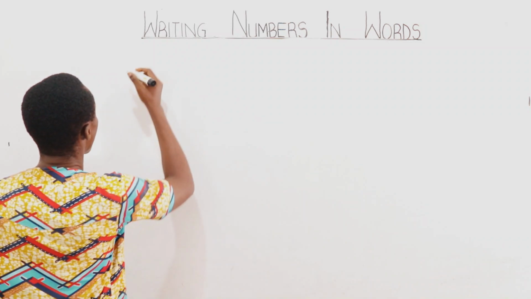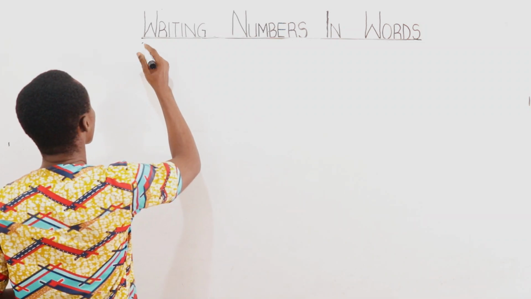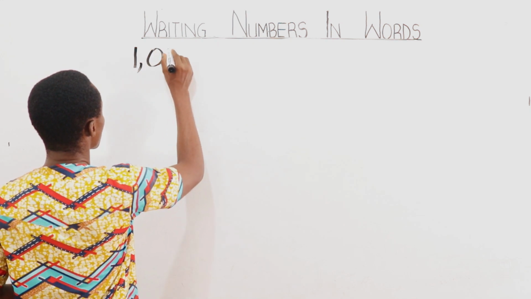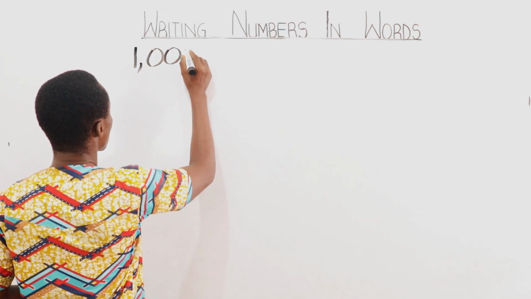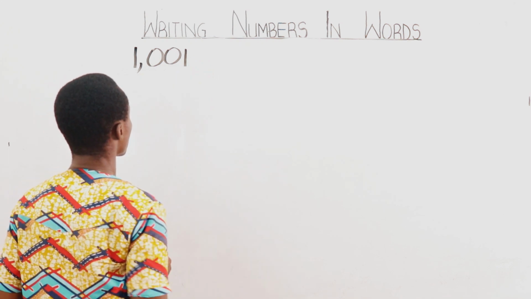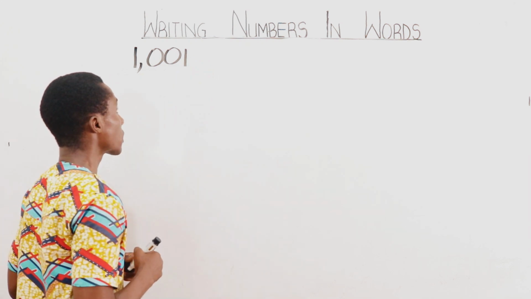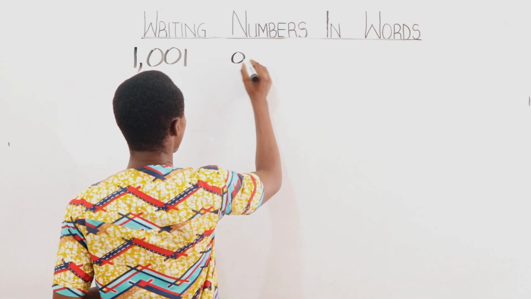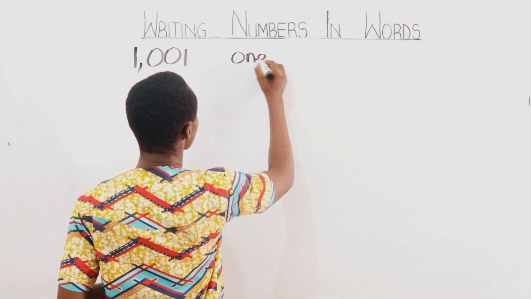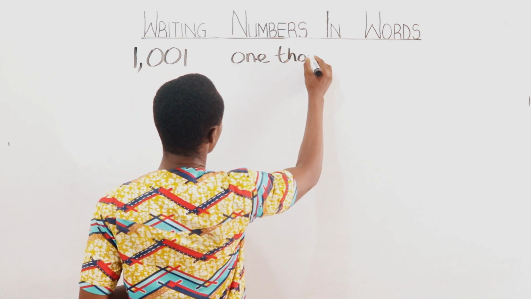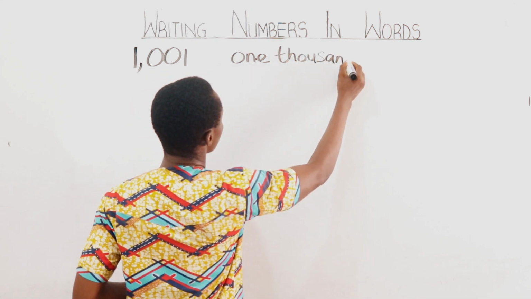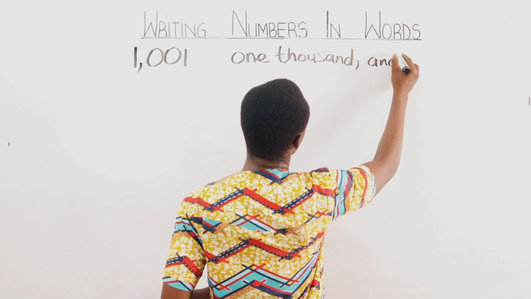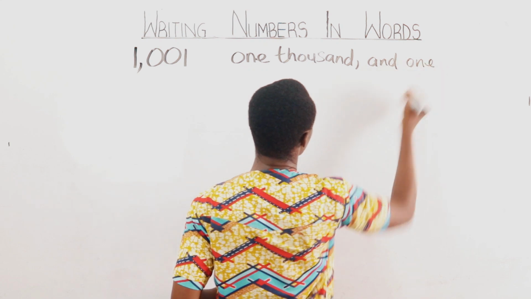So if we add 1 to 1,000, we are going to have 1,001. So that is 1,000 and 1.